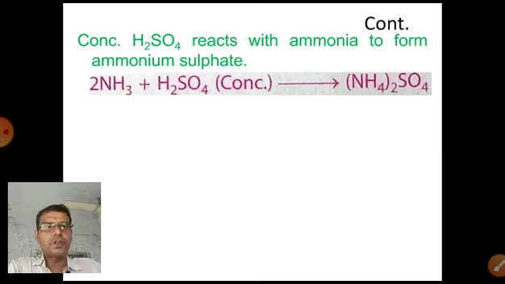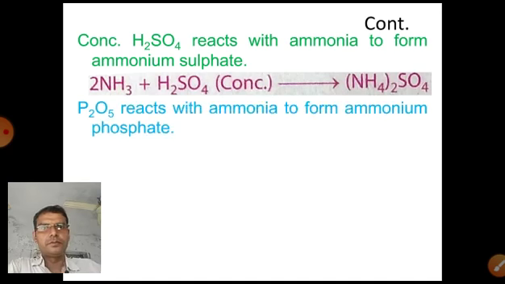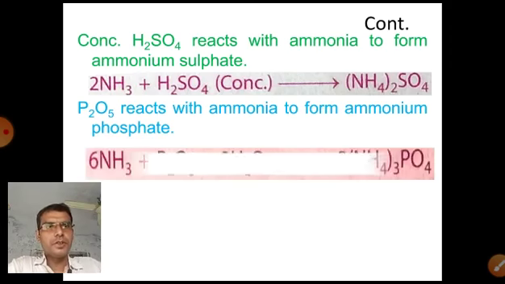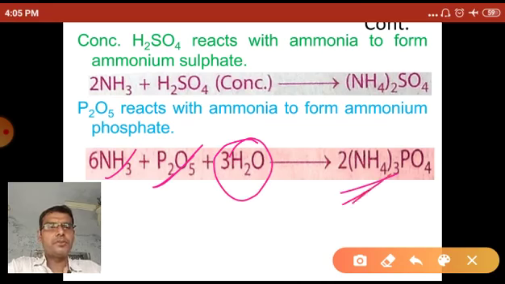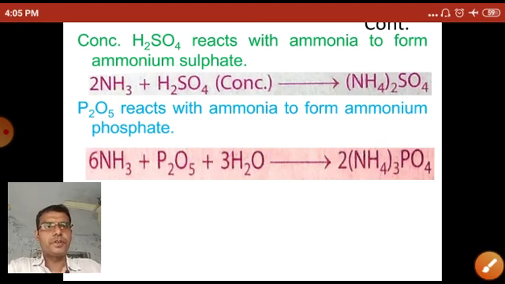Next, phosphorus pentoxide reacts with ammonia to form ammonium phosphate. When ammonia reacts with phosphorus pentoxide in the presence of moisture, they form ammonium phosphate.